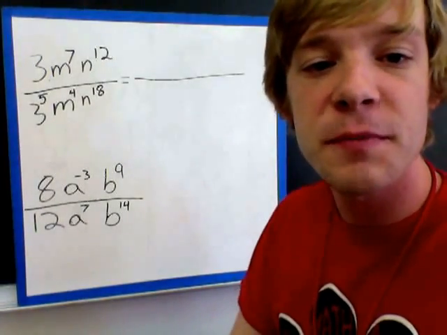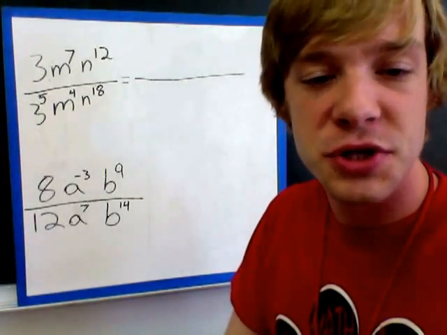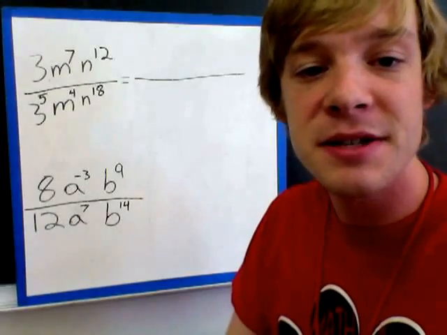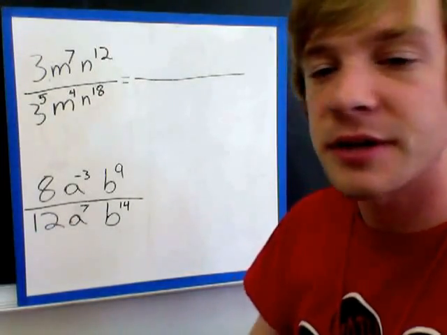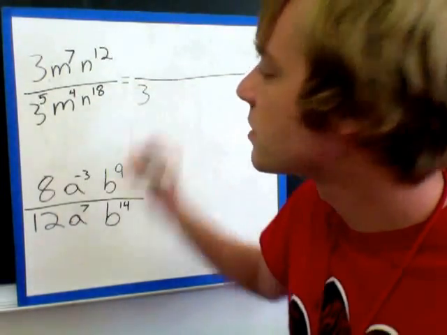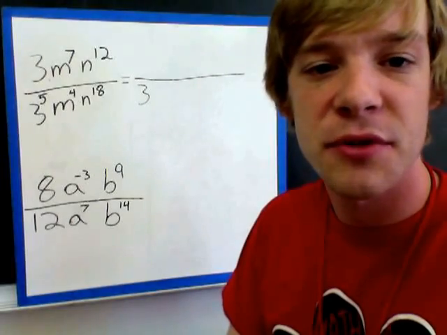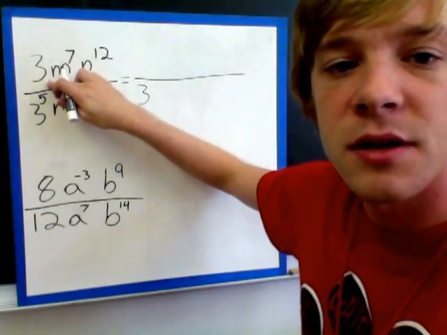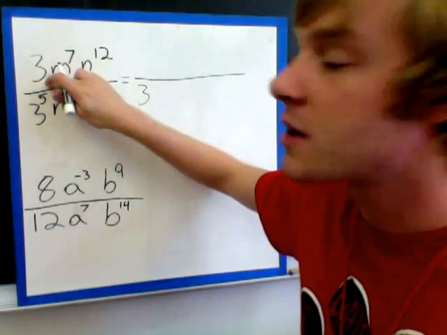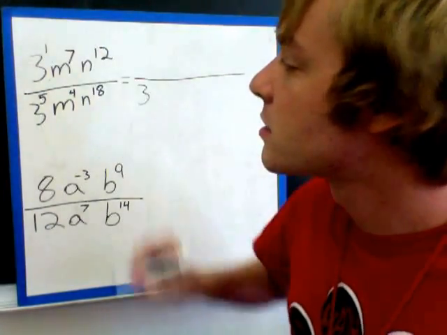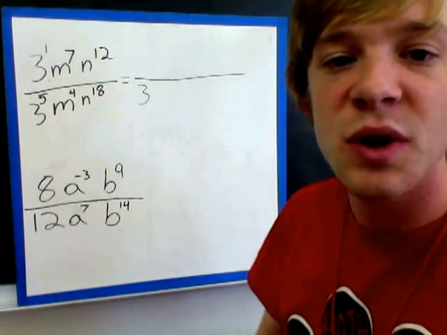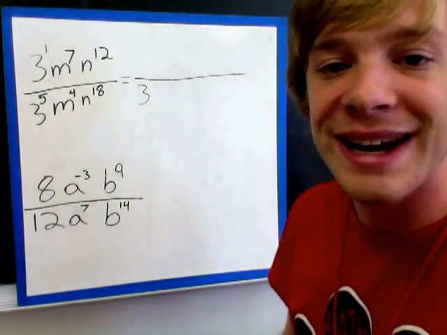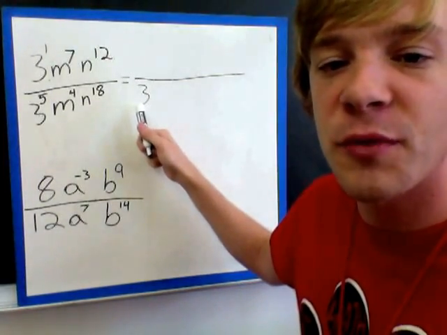And 3 to the 5th power is larger than just 3, so I know my base of 3 is going to be in the denominator. And if I have just a 3 from my original problem, right here, my power for this is going to be 1. So I'm going to subtract 5 minus 1, that's going to give me 4. So my answer is going to have 3 to the 4th power.